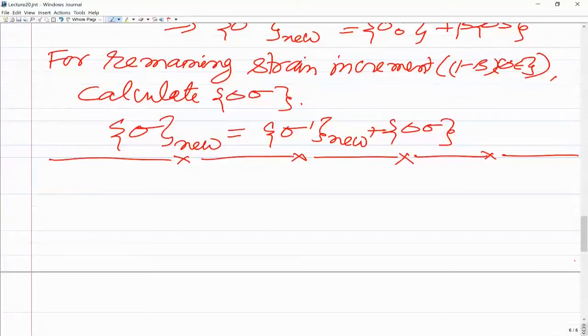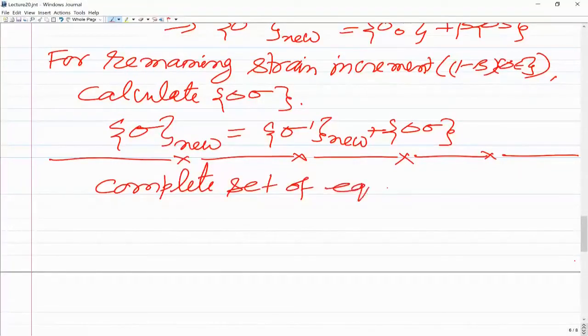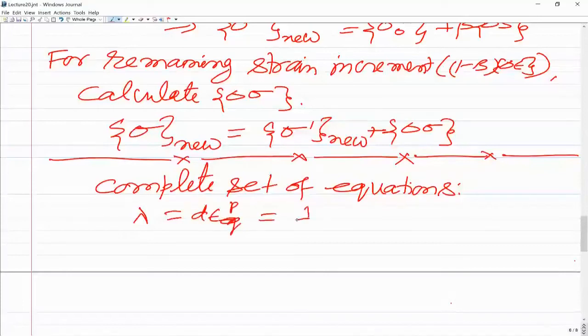So if you look at the complete set of equations we deal with in plasticity, in addition to the global iteration equation kT delta D equal to F, the complete set of equations which we deal with is the quantity lambda, which is d of epsilon equivalent p, and this is given by, we have already derived this formula, 1 upon A del f by del sigma transpose.